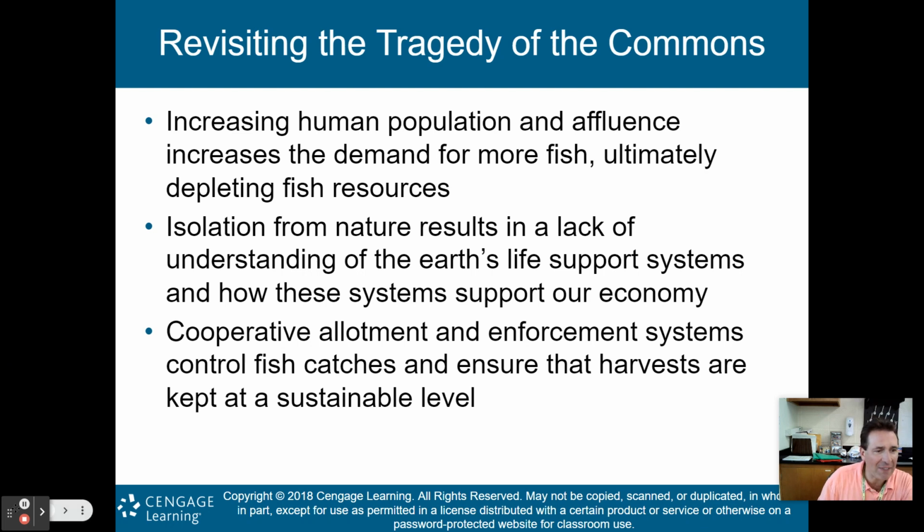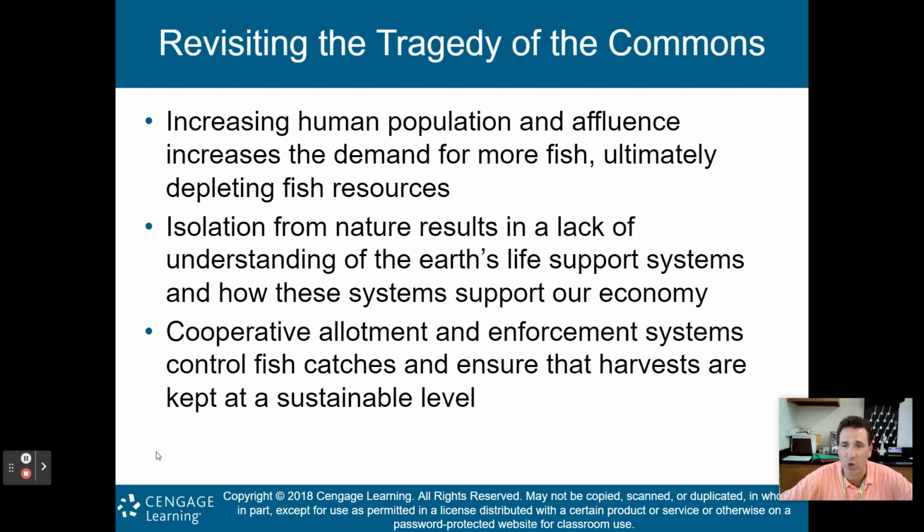All right, so at this point, we're going to revisit the tragedy of the commons a bit because now we can talk about it a little more, right? Increasing human population and affluence increases the demand for more fish, ultimately depleting the fish resource. Isolation from nature results in a lack of understanding of how these systems support one another and how they support our economy.